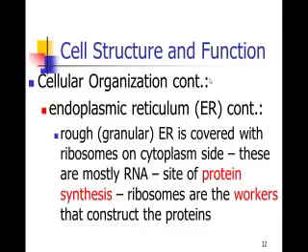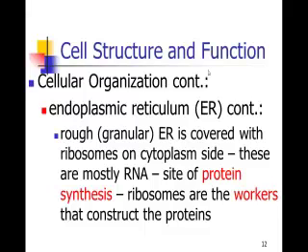The rough texture or appearance is caused by ribosomes, and the ribosomes are found on the outside of the endoplasmic reticulum, adjacent to or in contact with the cytoplasm. The ribosomes we're going to see are mostly RNA. There is some protein associated with them, and that is where protein synthesis occurs.